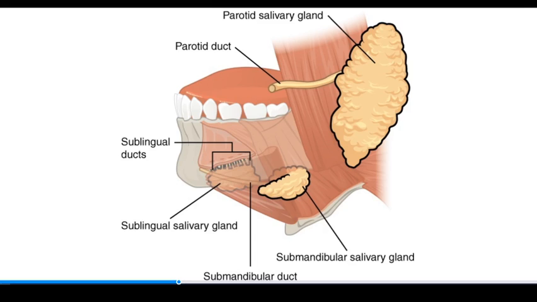And then the submandibular and sublingual glands are in the bottom of the jaw. The sublingual glands are more anterior and medial, submandibular more lateral and posterior within that space. The parotid duct goes to just next to the upper jaw, and the sublingual and submandibular ducts go to the area just beneath the tongue anteriorly.